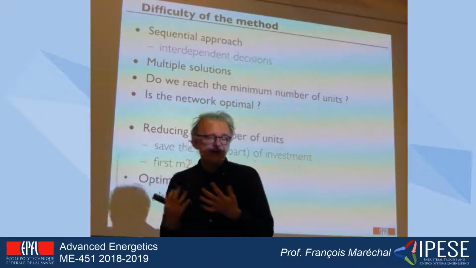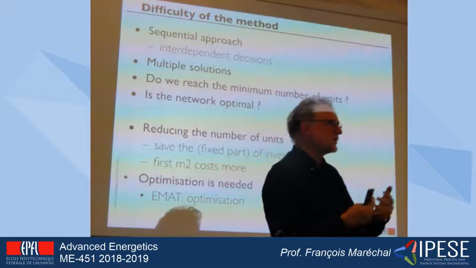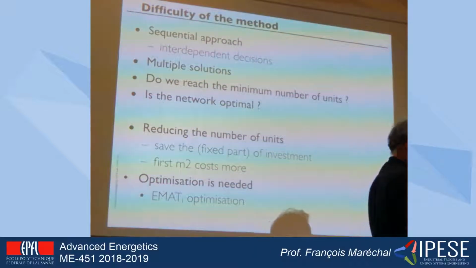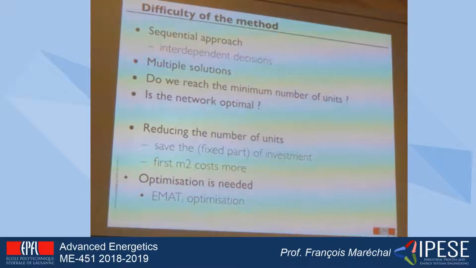Just to let you know, when I did my PhD thesis, I was working on this kind of problem, and I demonstrated that it was possible, for a very simple problem of 5 streams, so 3 hot streams and 2 cold streams, to design 7 heat exchanger network configurations which were completely different, but were leading to exactly the same total cost.